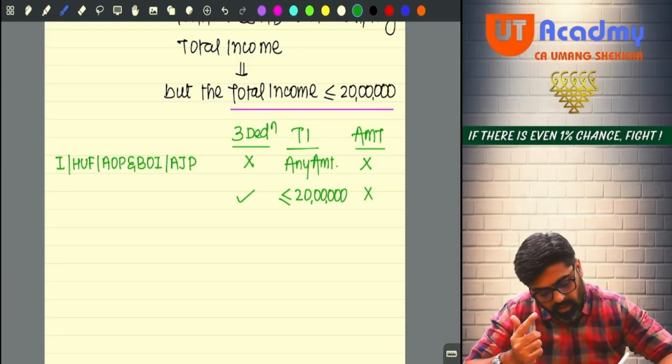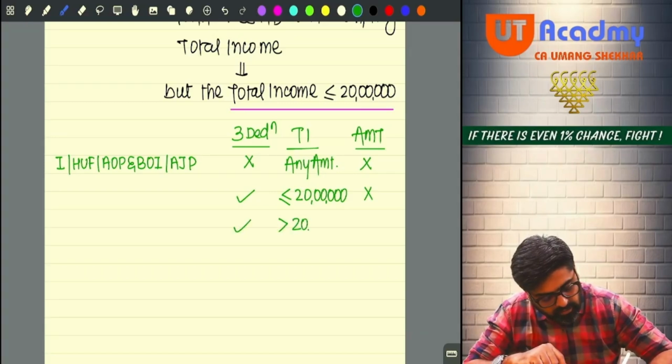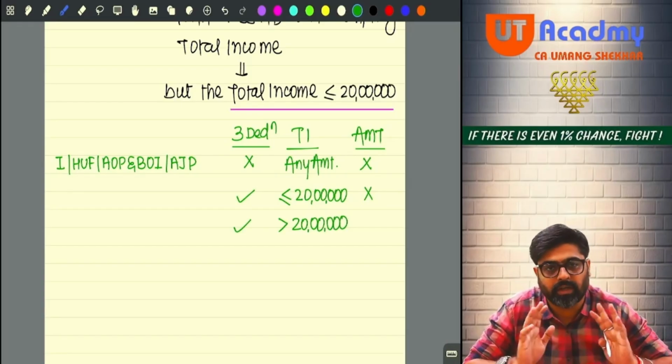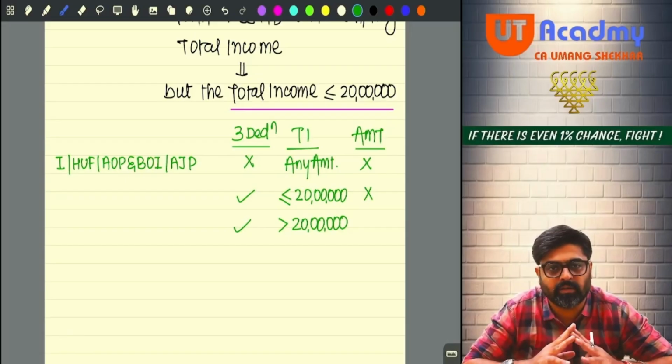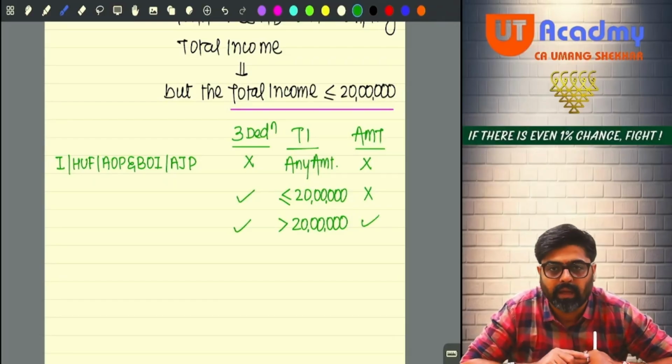But if you have claimed any of these three deductions and even after claiming them your total income is more than 20 lakhs, that means you are not a small assessee, you are a big assessee. Such heavy deductions you are claiming, and even after that your total income is huge, more than 20 lakhs. So for you, AMT provisions will be applicable.